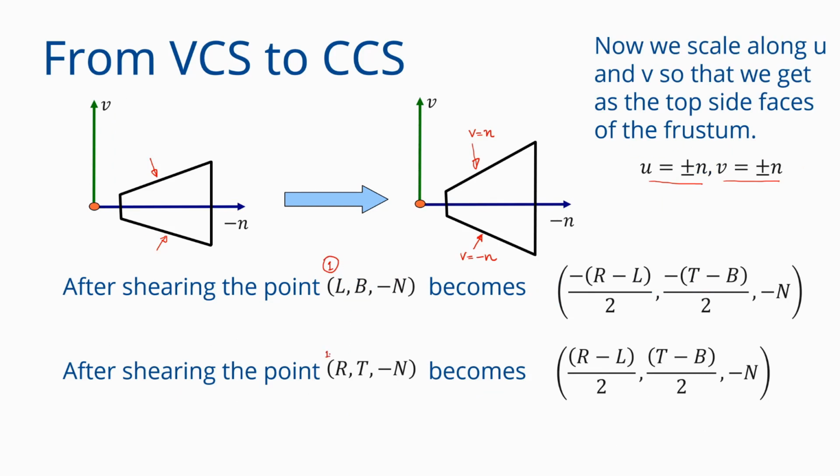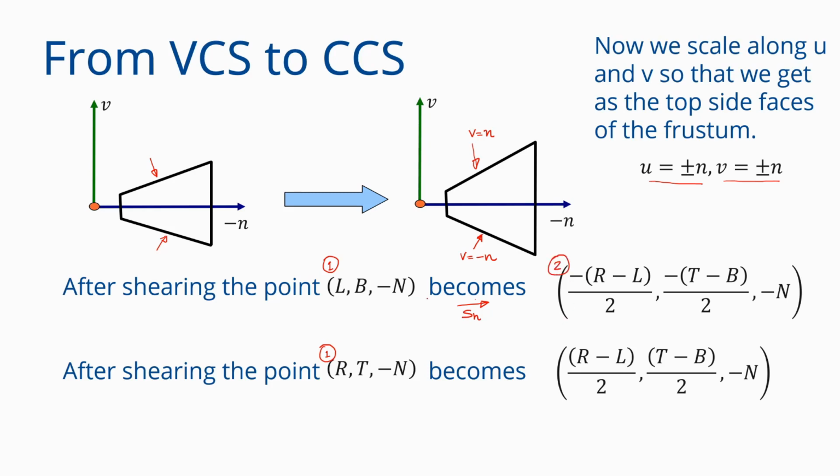After applying the shear transformation, in frustum 2, the same point becomes this, right?